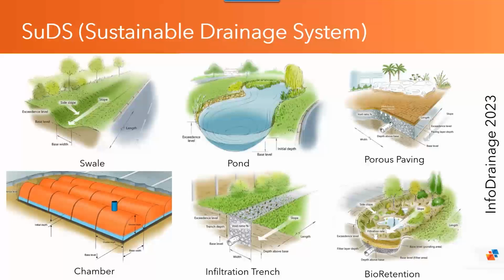By introducing SuDS in between, maybe a swale or cellular storage or porous paving in between a few areas, that could significantly contribute to the stormwater system, and you would be able to reduce the pond size, sometimes even 50%, by adding 2 or 3 SuDS into the bigger picture there. So that kind of design is getting really popular in many other continents.